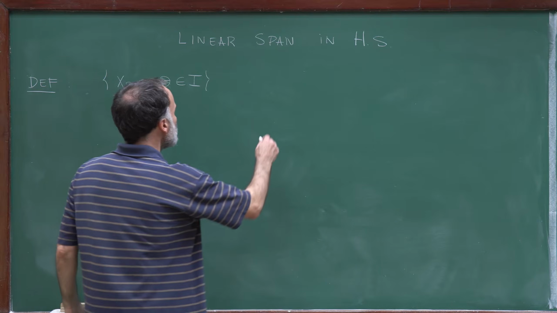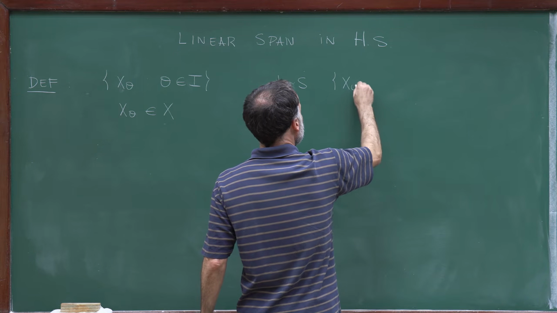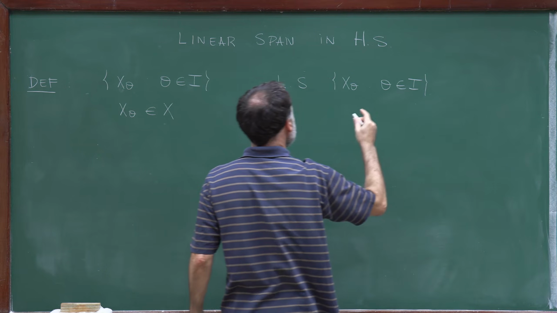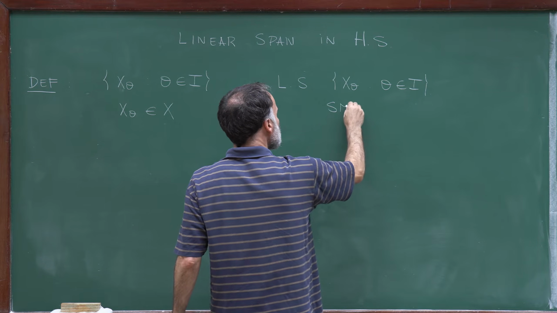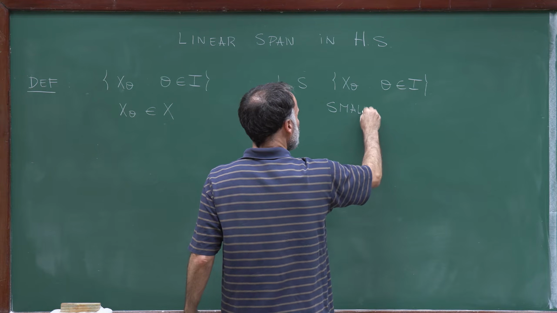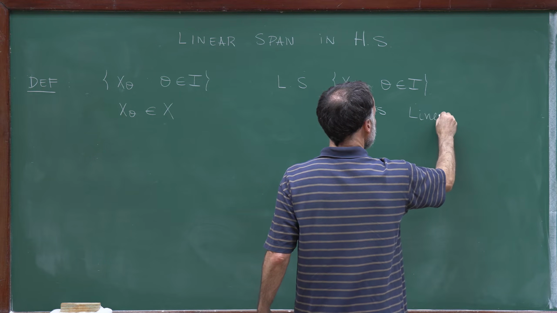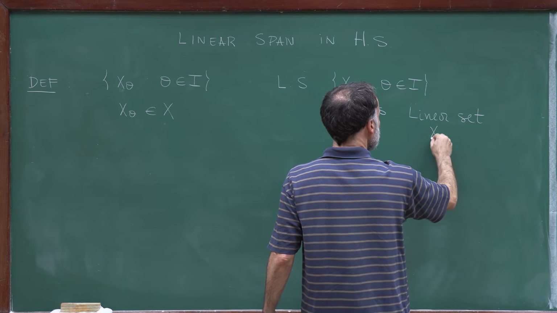Well, the linear span of the set x_theta for theta in I, by definition, remember I gave already this definition, is the smallest linear set which contains all x_theta.